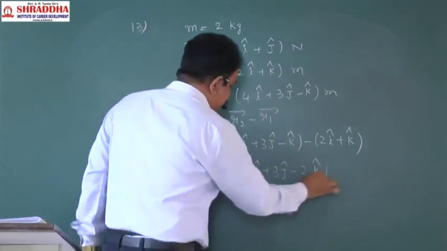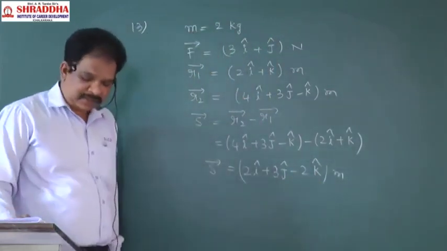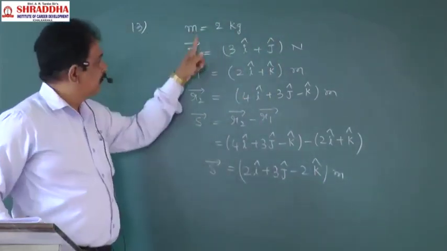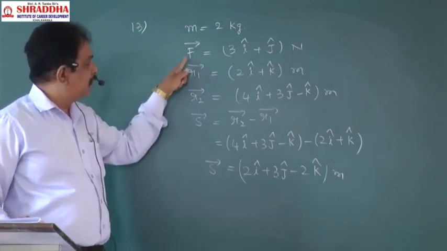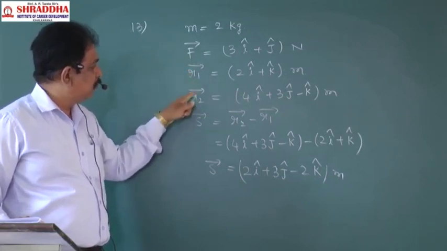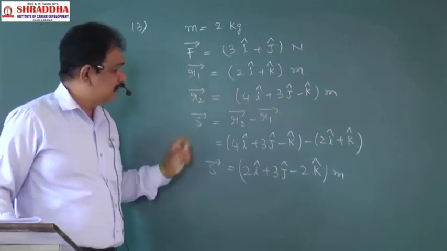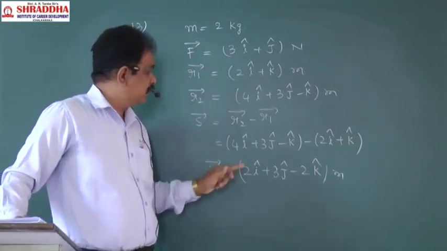This is in meter. So what is the question? See, there is a particle. Its mass is 2 kg. On that particle I applied this force so that it moves from here to here. The displacement of the particle means this minus this.